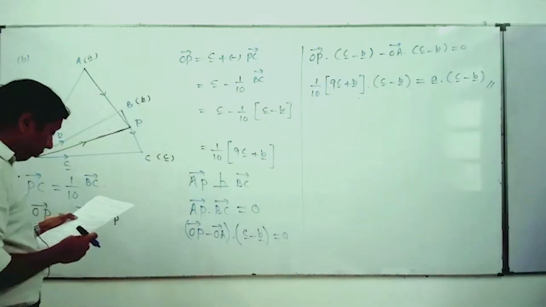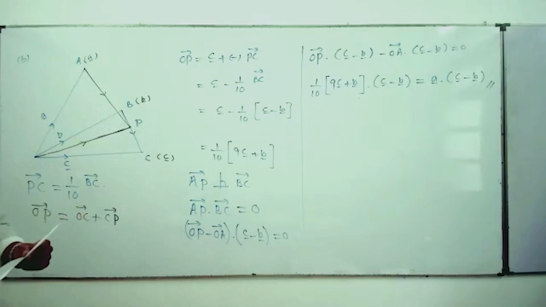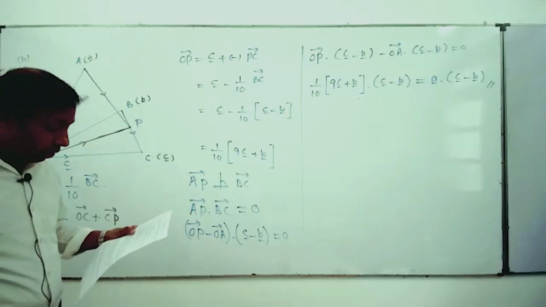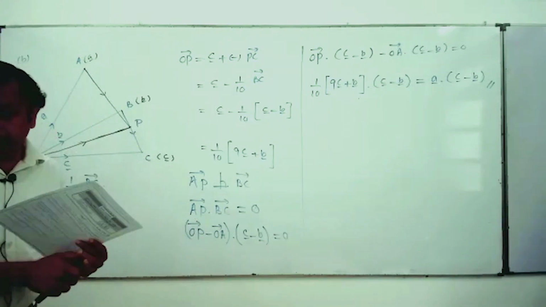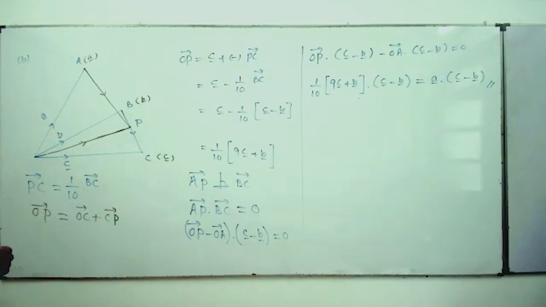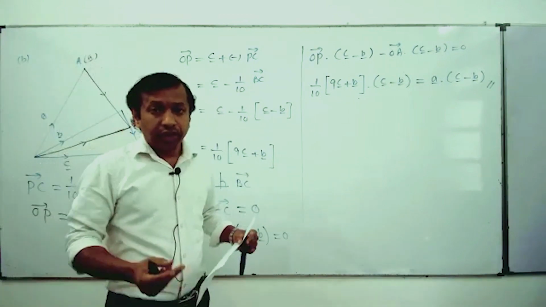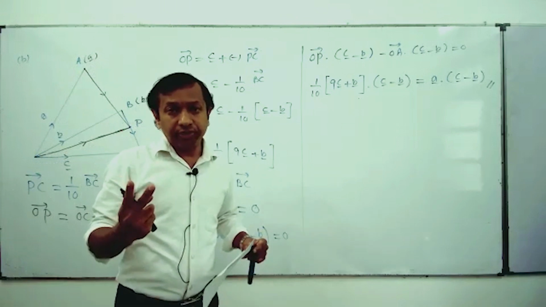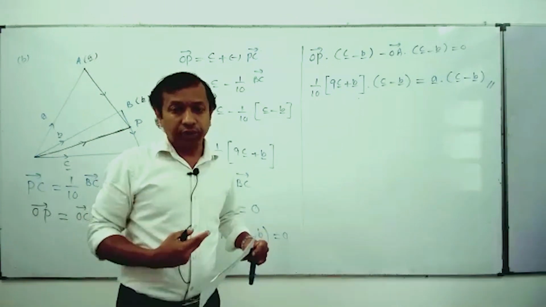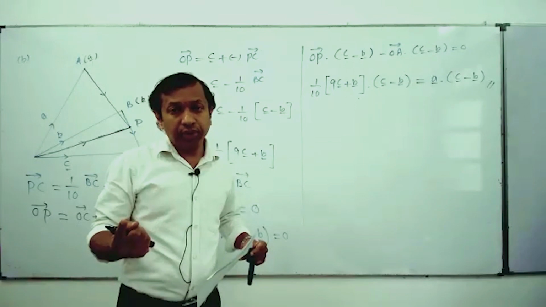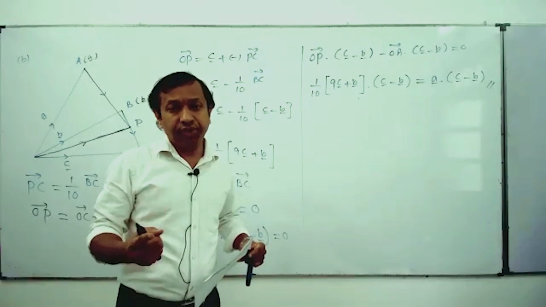Now, next one asking, hence, if OA, OB, and OC are mutually perpendicular. Mutually perpendicular means what? If you take any two of them at a time, those two are perpendicular. That means a and b perpendicular, a and c perpendicular, and b and c perpendicular.